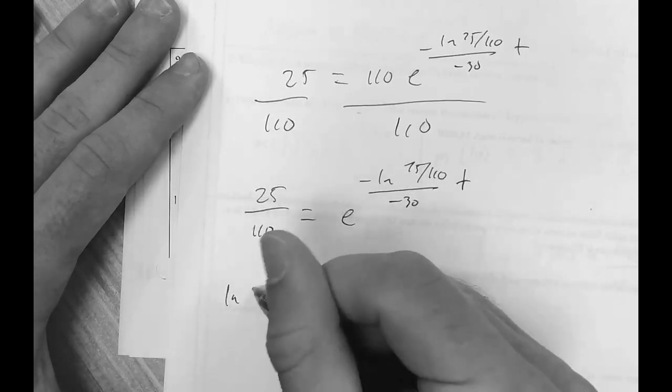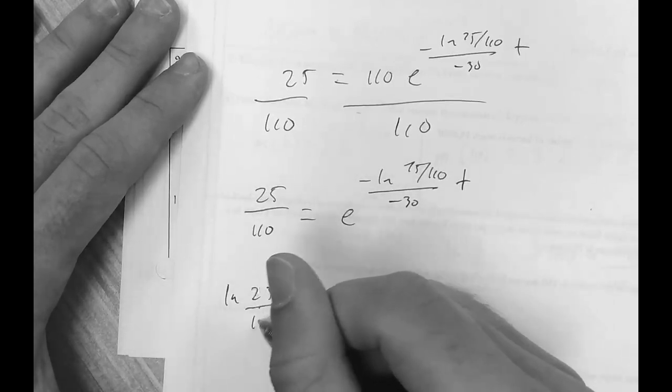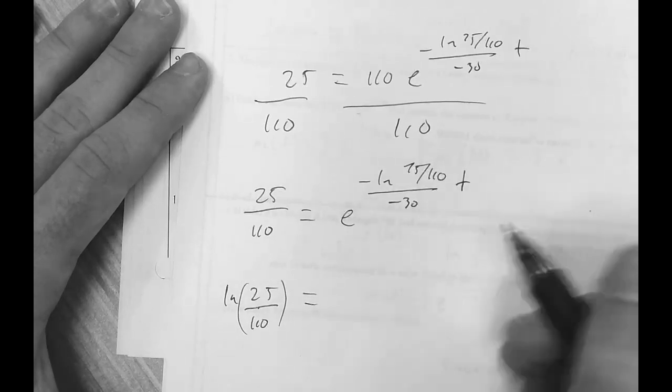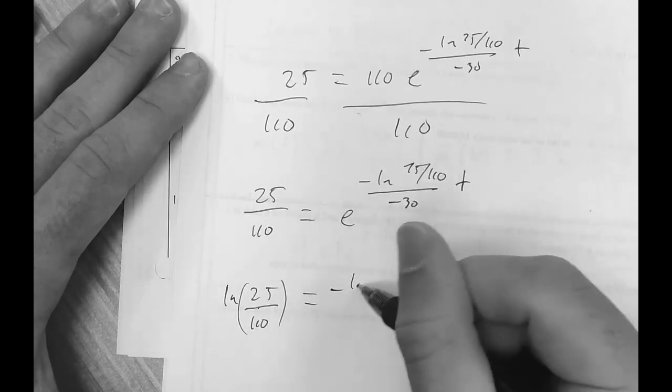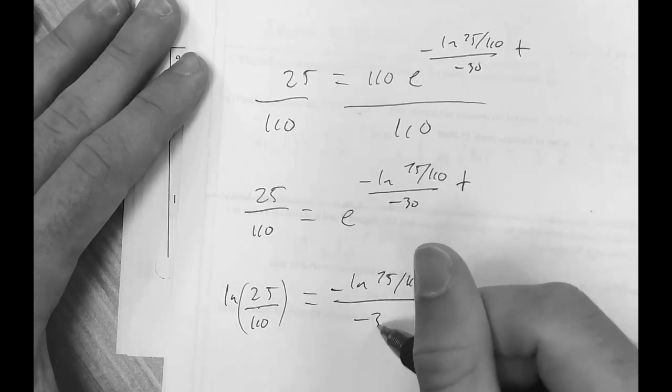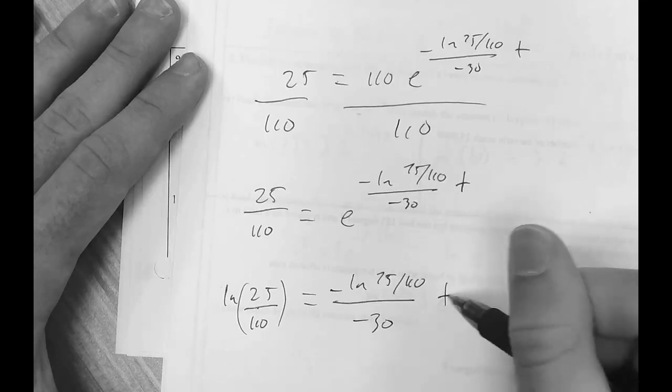Take the natural log of both sides. ln 25 over 110 equals negative ln 75 over 110 over, at this point I can make that positive now, t.